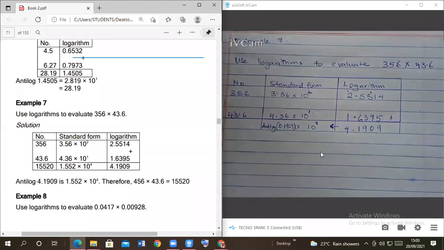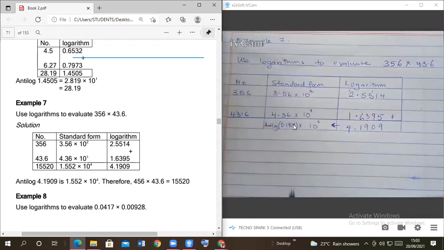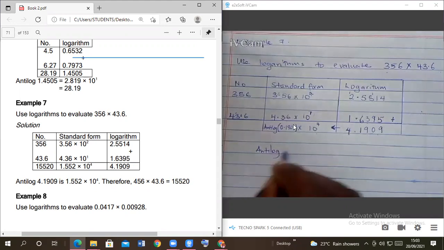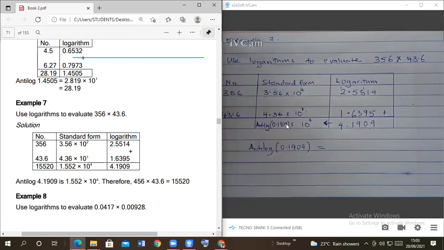We may not write this here because this is the answer of the antilog, but once we get our answer, we shall put it here. We shall get it from the antilog tables. Should we proceed? Yes. All right. Let me first rub off this.